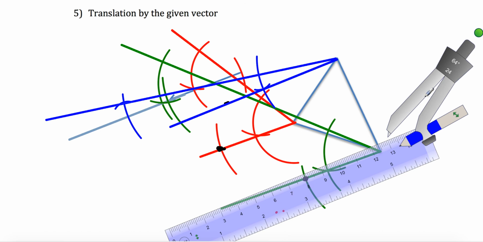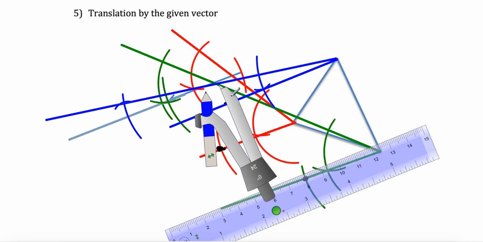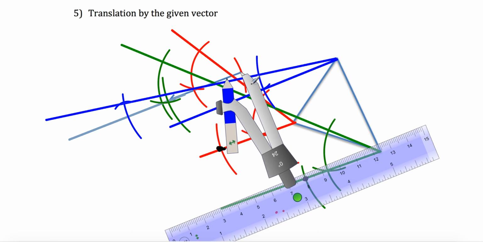That's parallel to the vector. And then what I have to do, as you know, is measure the vector.